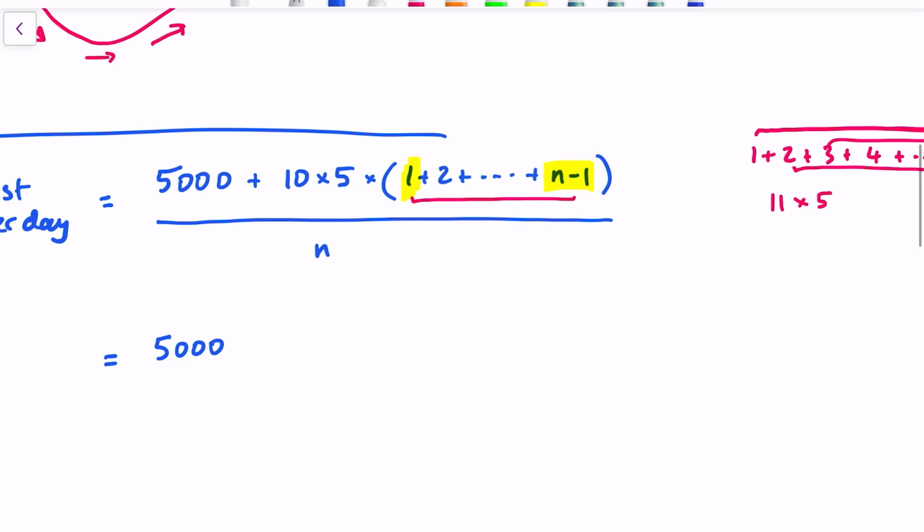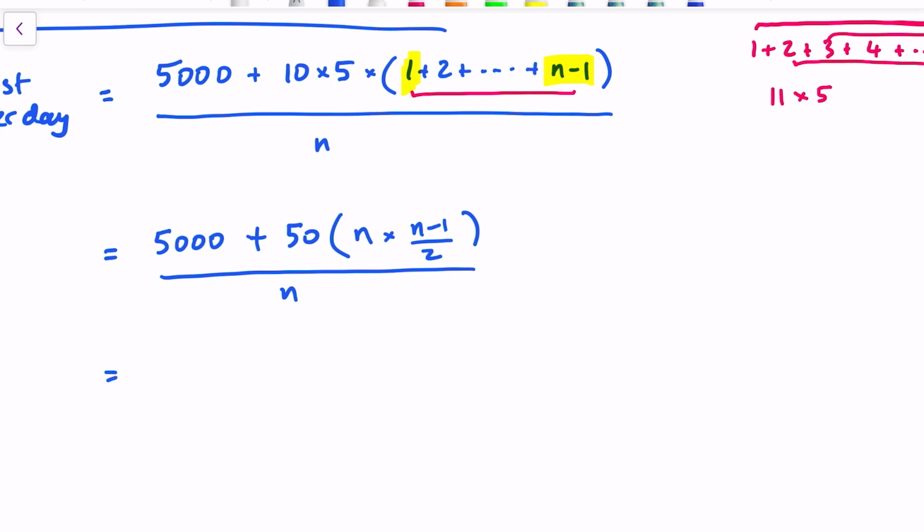5,000 plus 50 times n, the sum of the yellow numbers, the first and the last terms added together, times the number of numbers divided by 2, all divided by n.